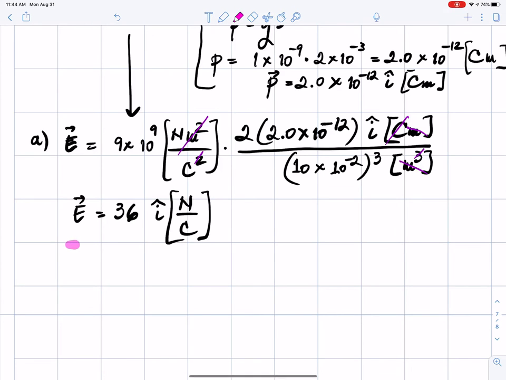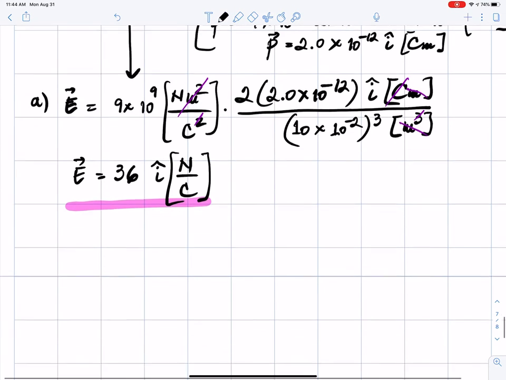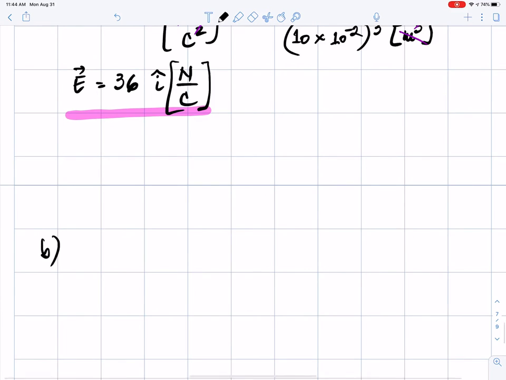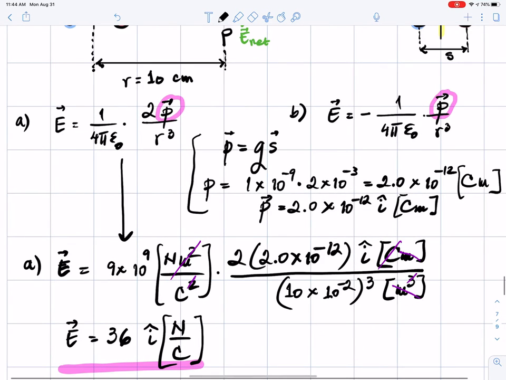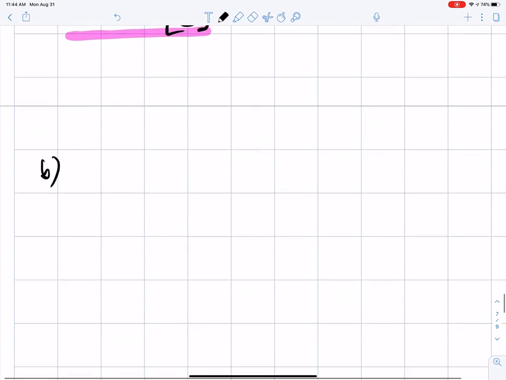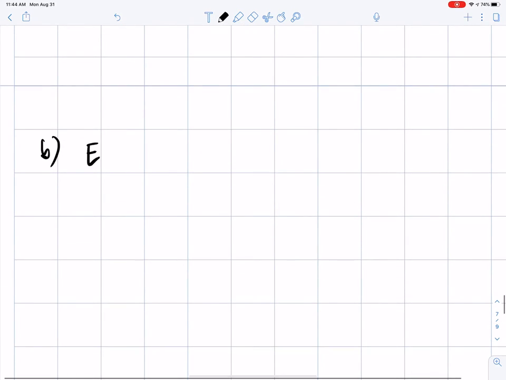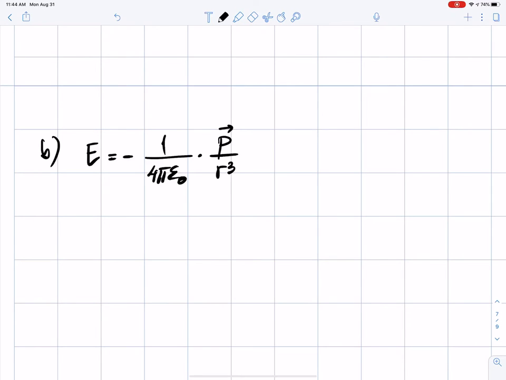All right, so this was for case A. Now we're going to go back to case B. We already have the formula. I'm going to copy that below here so we have it. So we have E in this case, negative 1 over 4 pi epsilon naught, p over r cubed.